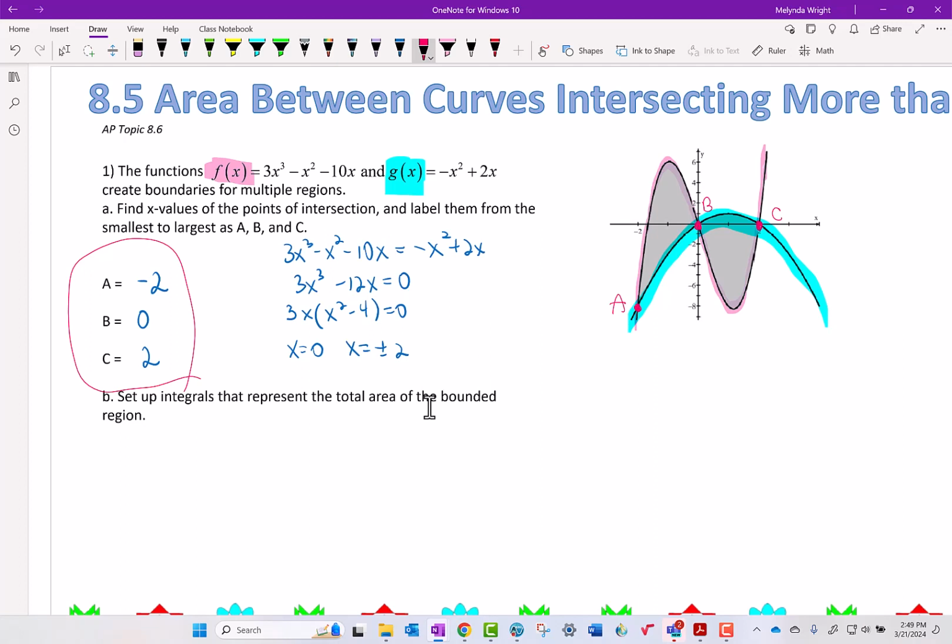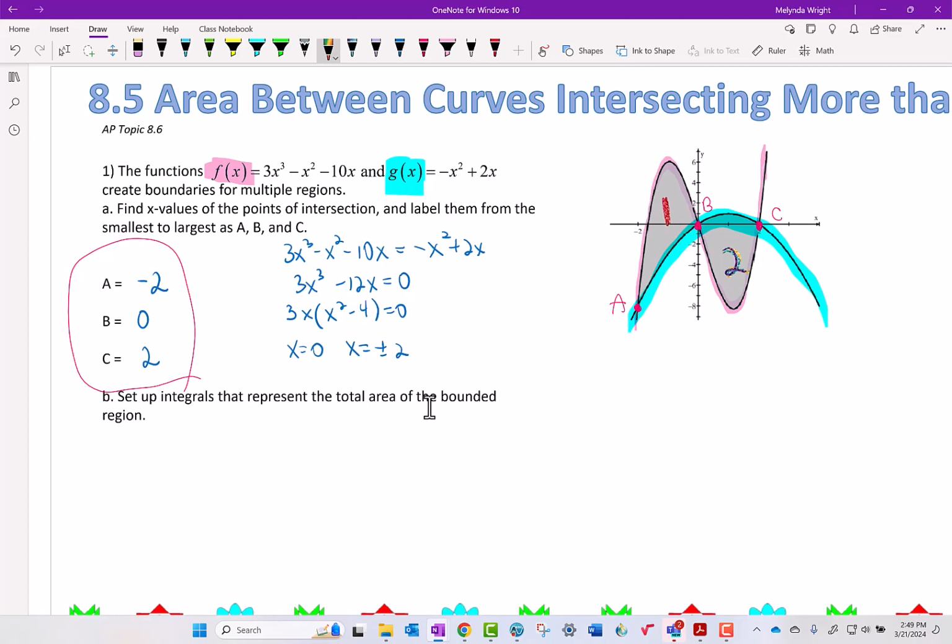So let's look and see what we've got going on. If you look at this graph, from x value of negative 2 to x value of 0, this first gray part, we'll call that section 1, and we'll call this section 2, just so we can tell them apart.